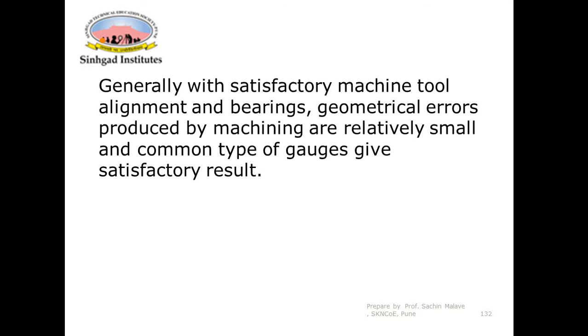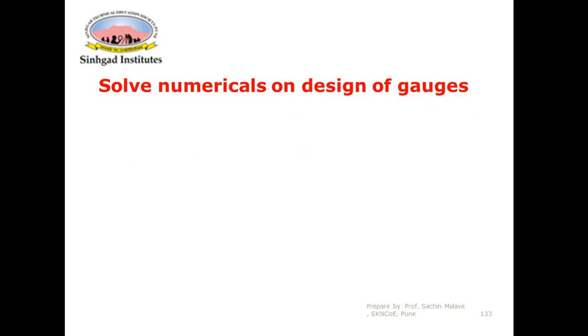Because there are some practical difficulties with Taylor's principle, the gauges are made in cylindrical shape only, and the go end of the gauge is not a full form gauge, only a part form gauge. So that's why it becomes less weight also. But it is applicable provided that your machine tool alignment and bearings are satisfactory or good. Then the geometrical errors produced are very small, and you can use the common type of gauges.